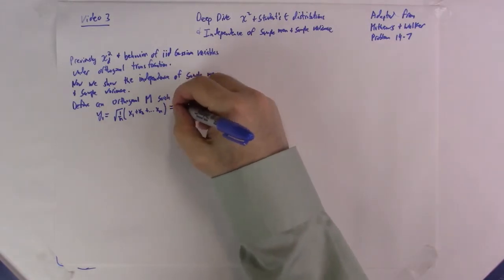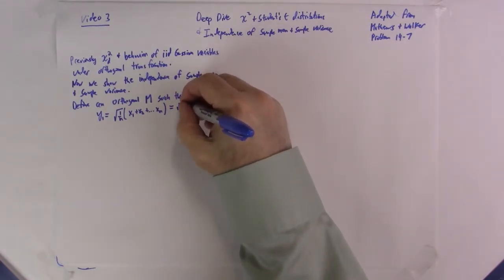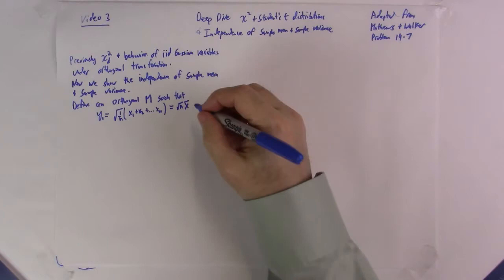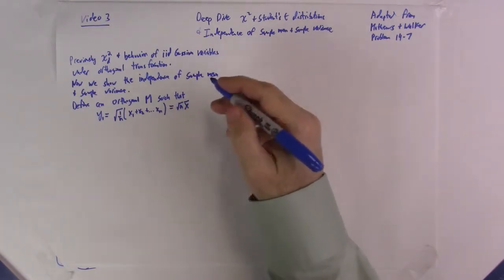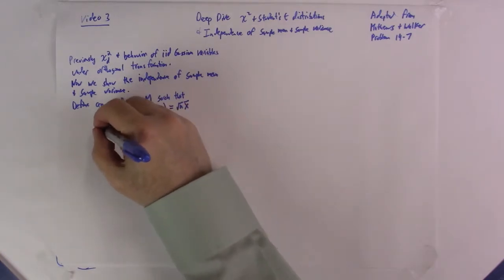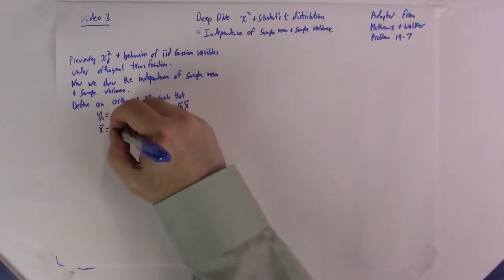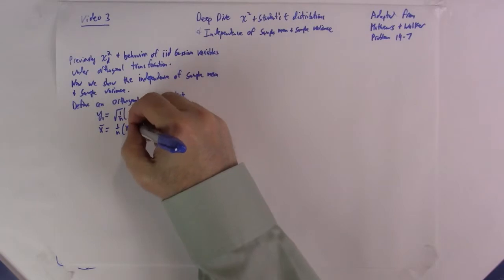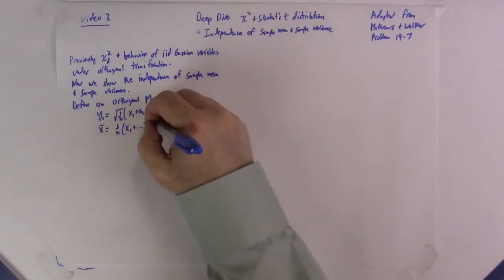And this also is equal to the square root of n x bar. You divide by the square root of n, you'll see that. It's the same as x bar is equal to 1 over n times x1 plus dot dot dot xn.